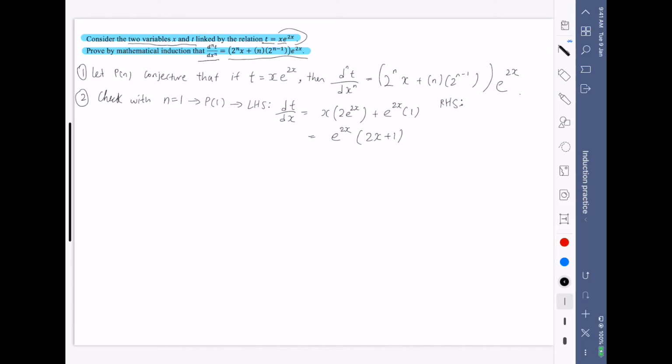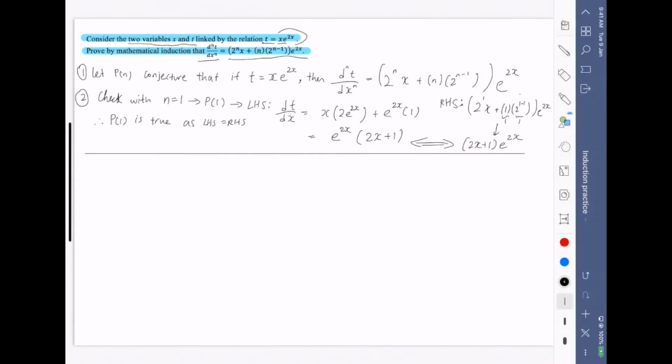The right-hand side in this case would be (2^1 x plus 1 times 2^(1-1)) e to the power of 2x, and 2^0 is just equal to 1. So that would become (2x plus 1) times e to the power of 2x. Now, because they are the same, we know that P1 is true as left-hand side equals right-hand side.